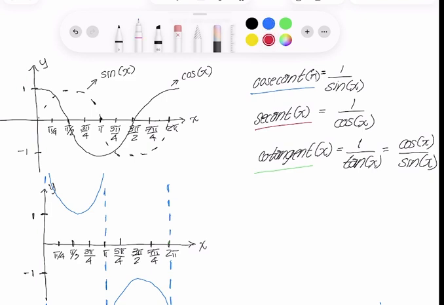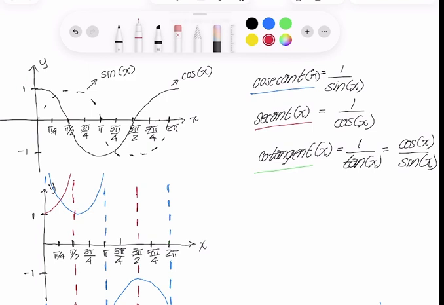For cosine, since we have secant equals 1 over cosine, cosine is 0 at pi halves and 3 pi halves, so we're going to have those two boundaries. From 0 to pi halves, since it's still positive, it's going to go from 1 to infinity.